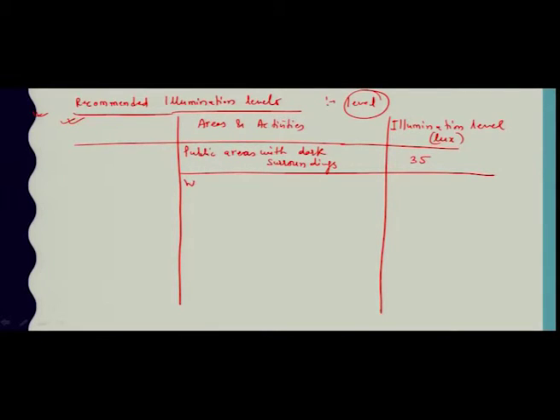When general lighting in the area is required, it is around 75 illumination level.